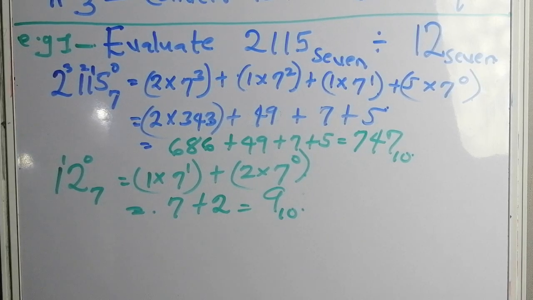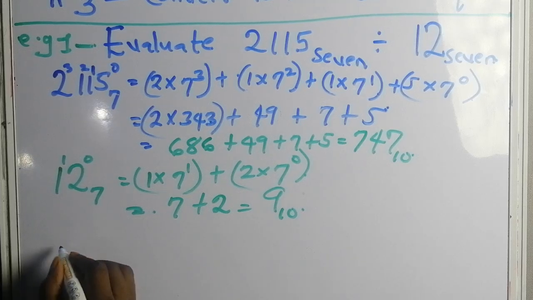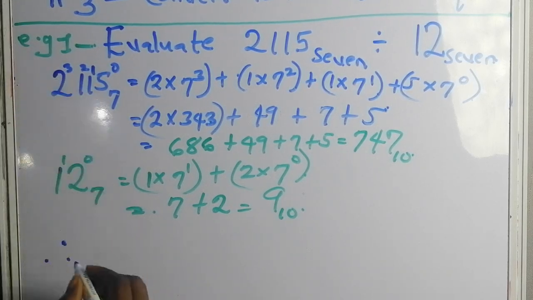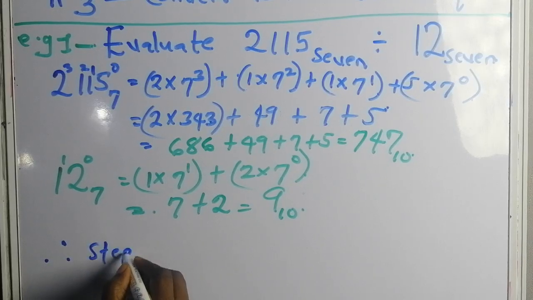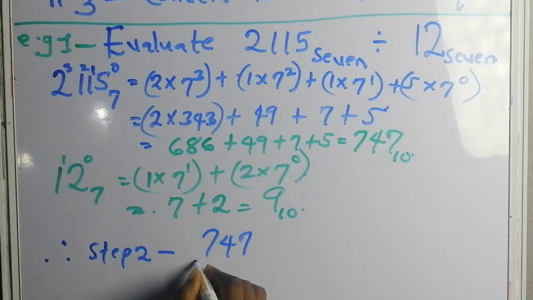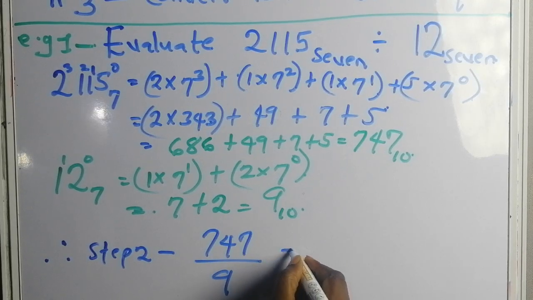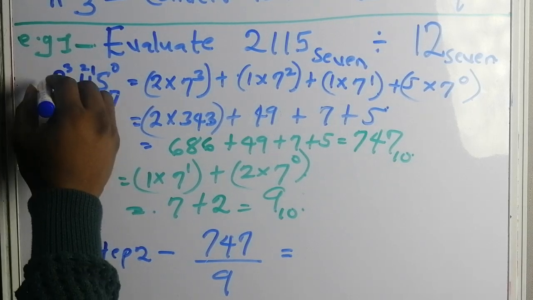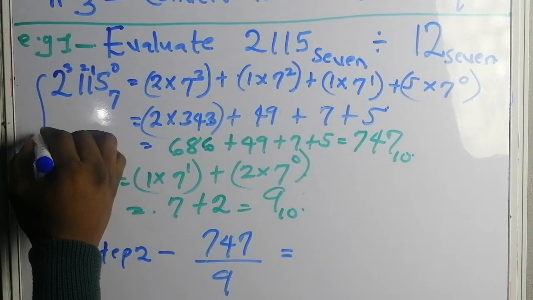So step 2 will now be 747 divided by 9. Don't forget, all this part here is step 1.